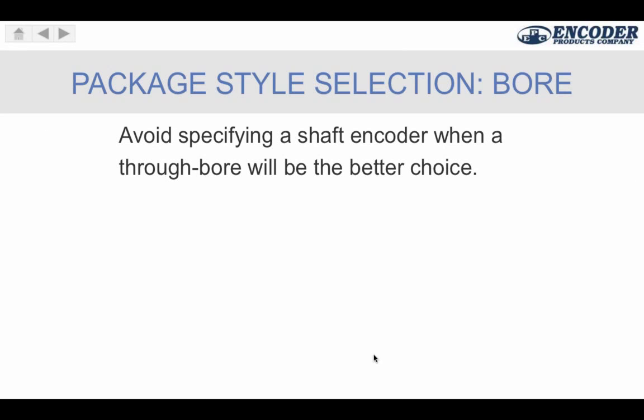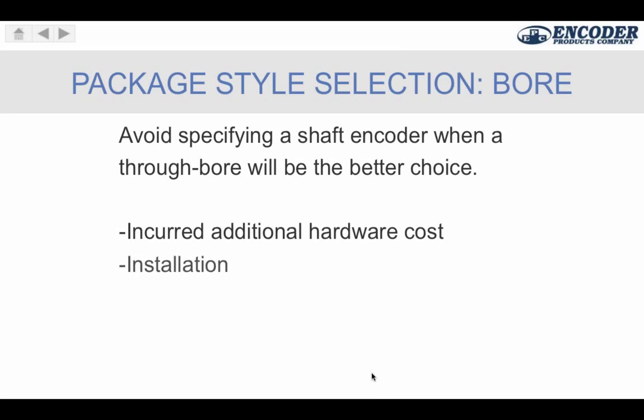So there are benefits to the hollow bore design over the past few decades as this package has become more popular. There are reasons that make it a beneficial choice. One of those being, of course, less hardware and incurred cost to apply a shaft encoder via a coupler or sprocket or belt or pulley.